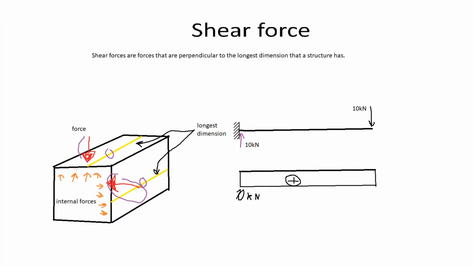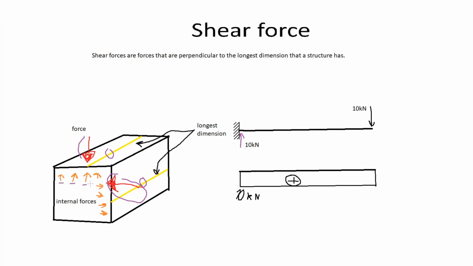When a shear force is acting on a beam, it will create internal forces within the beam to make the structure stable and to try to withstand this shearing force. So in this example we can see a red arrow is the external shearing force, and it will create these internal forces that are trying to keep this beam from being cut in half.